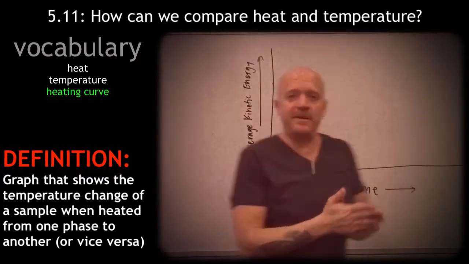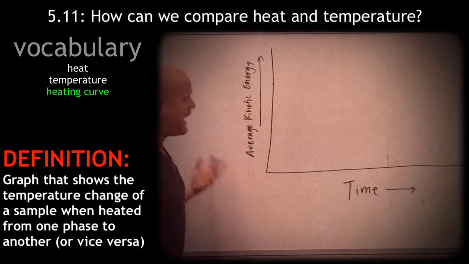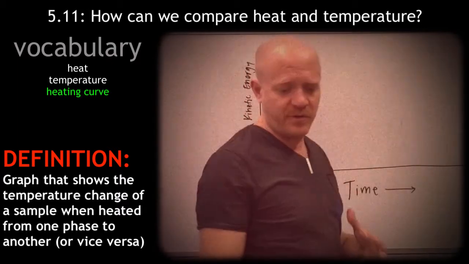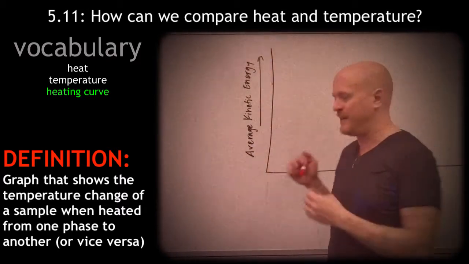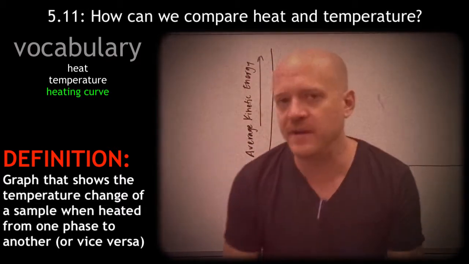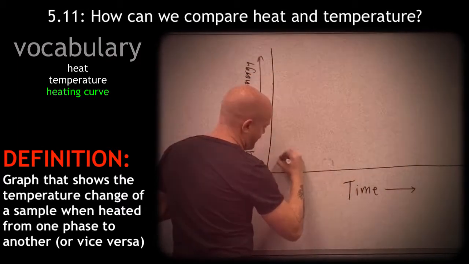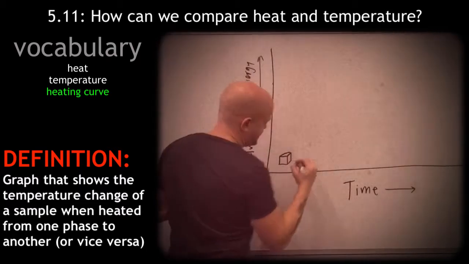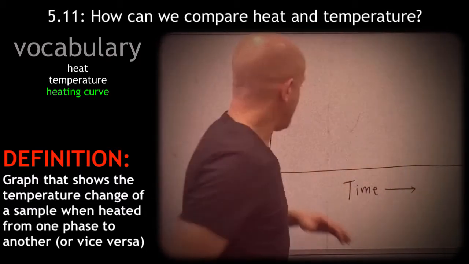All right, the last thing I'm going to show you is a heating curve. This shows you exactly what's happening to a particle when it's heated from a solid to a gas. I'm going to use water as this example, starting out in ice form.